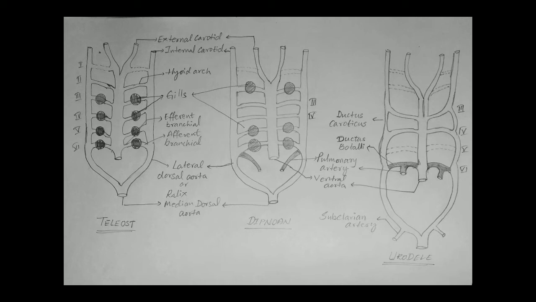Dipnoid fishes are also called lungfishes. They have an air bladder, so to supply blood to the air bladder, the efferent part of the sixth aortic arch on each side develops a pair of pulmonary arteries. You can see this very clearly in the diagram.